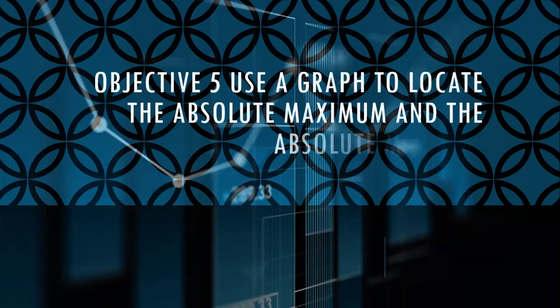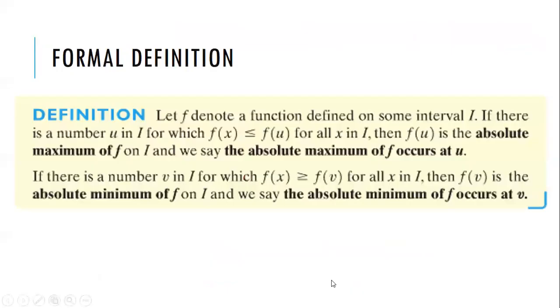Our next objective is to use a graph to locate the absolute maxima and the absolute minimum. The word changed. So we had our local, and now we're at absolute, okay? A little bit different in what we're doing.